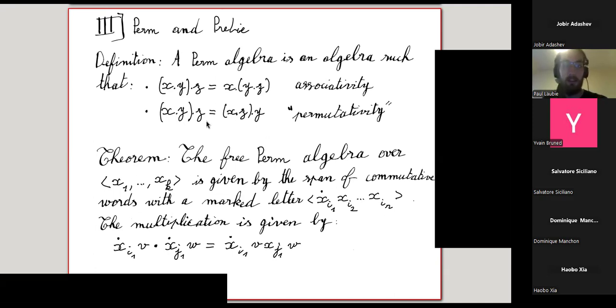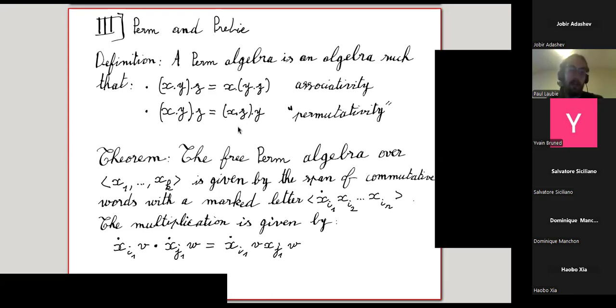The permutativity relation says that if I compute x times y times z, it's the same as x times z times y. And because it is associative, the parenthesis doesn't matter. We can see that this is a weaker version of commutativity because we can make any letters commute except the first one.